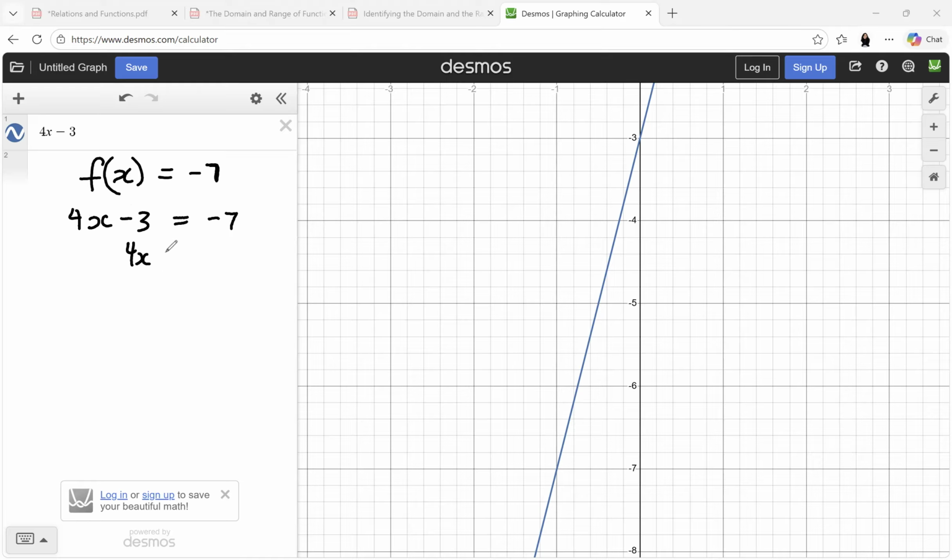So it'll be 4x is equal to -7 plus 3, which would be -4. And so x will be -4 divided by 4, which is -1. So you could have worked it out algebraically as well, right? So let's do some more, but let me see if I could make this graph a little easier for you to see.